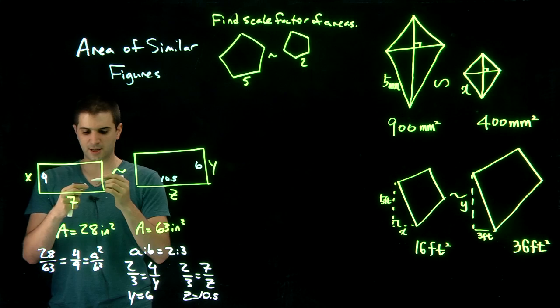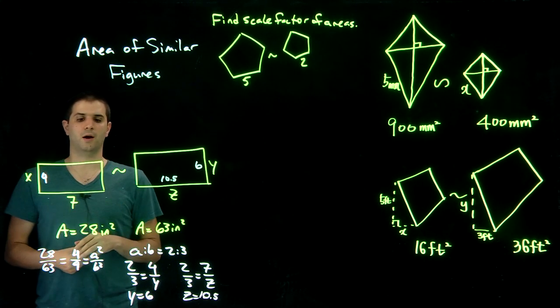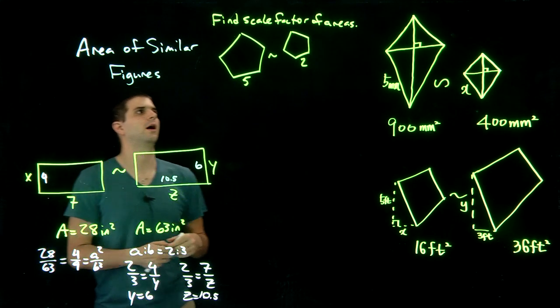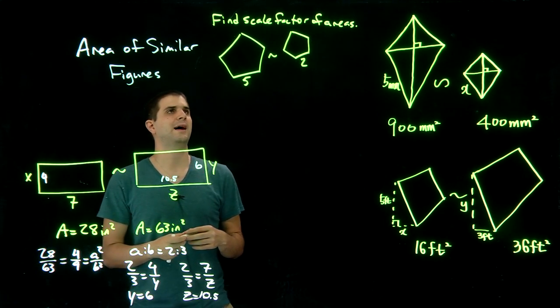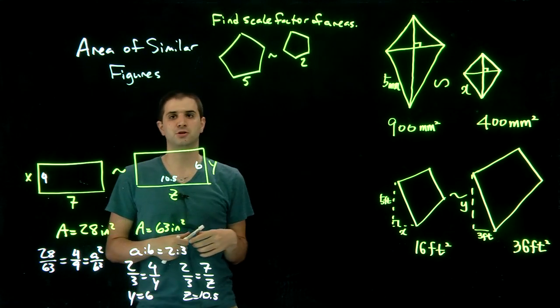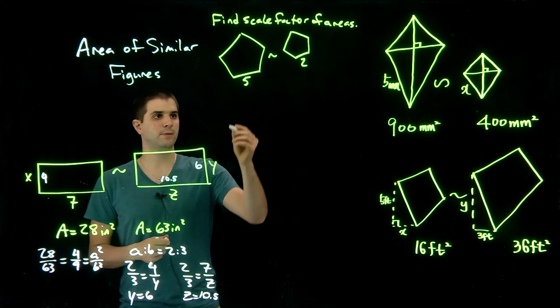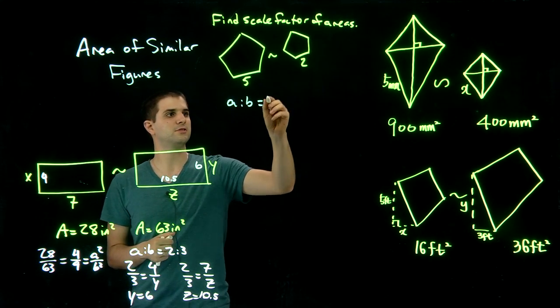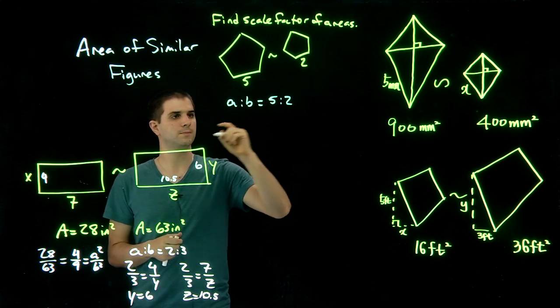And that's how we can use the area to make claims about our sides. Here we're given two pentagons, they're similar. We want to find the scale factor of the areas. The original scale factor, a to b, is 5 to 2.